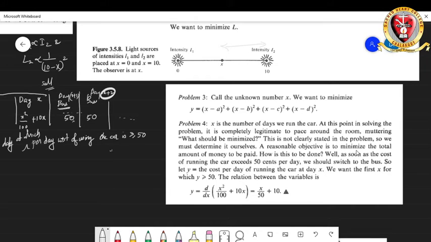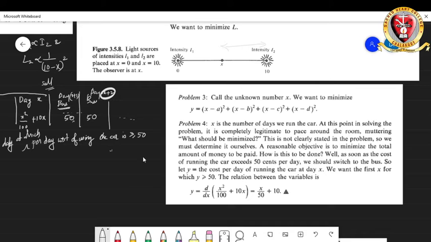So you know, as we said, that the day at which the per day cost of running the car exceeds 50 cents per day, we should switch to the bus. So suppose y is equal to the cost per day of running the car at day x.